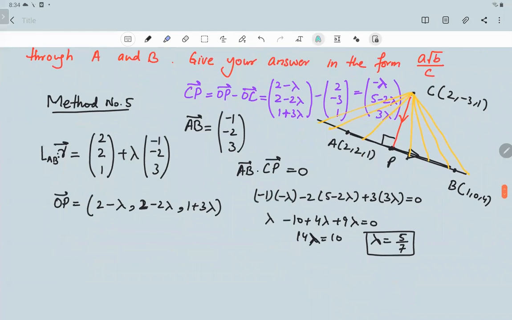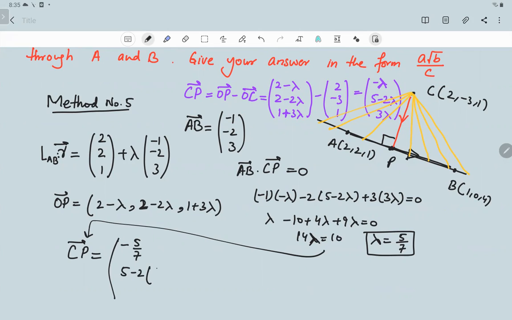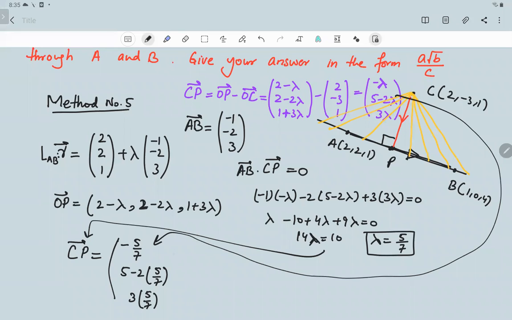Now CP is equal to minus 5 by 7, 5 minus 2 times 5 by 7, 3 into 5 by 7. I am inserting the value of lambda in this vector CP. The value of lambda is calculated by putting the dot product of AB and CP equal to 0.